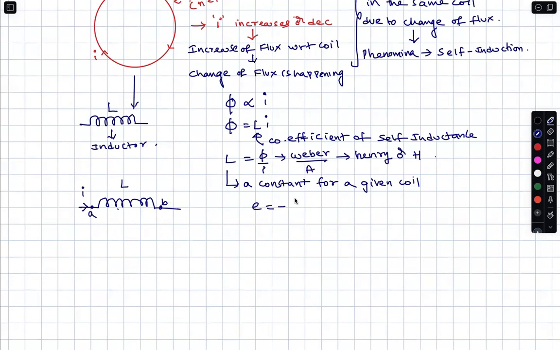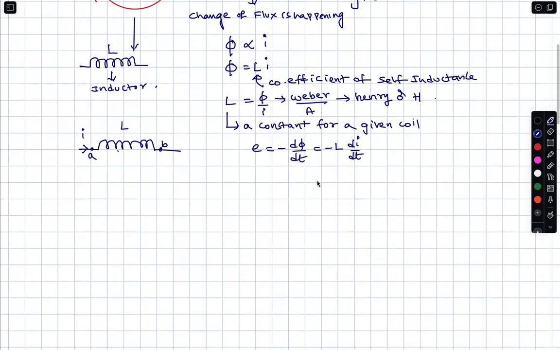The induced EMF is induced in such a way as to oppose the change that produced it. Don't forget Lenz's law.